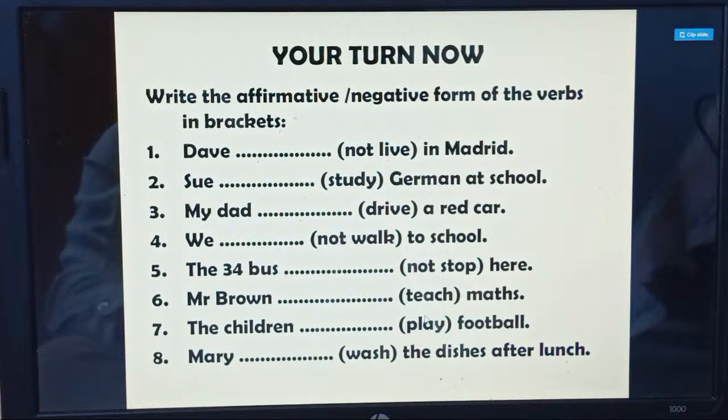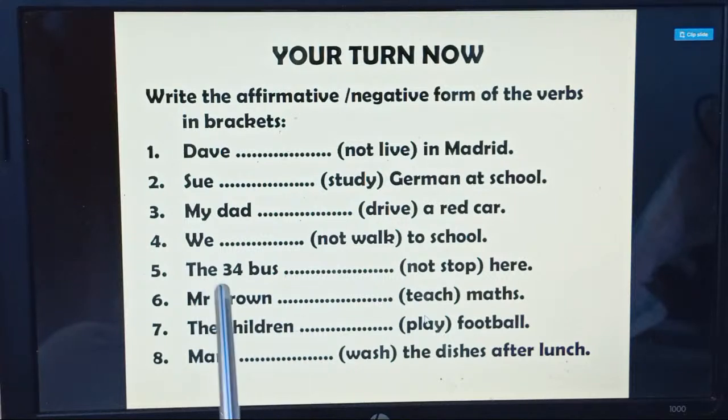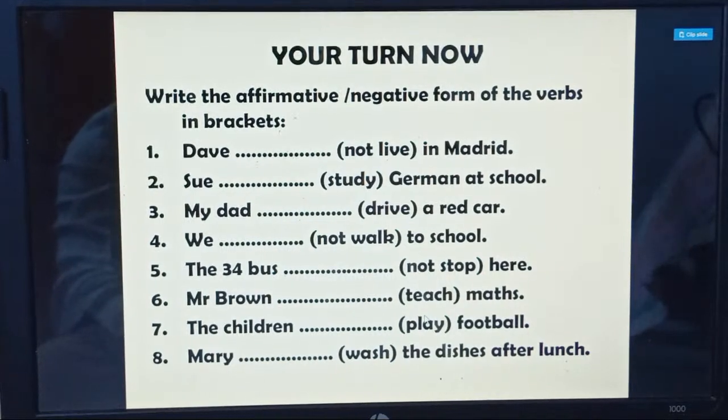Fifth one, the 34 bus not stop here. So how do you make it a negative sentence here? The 34 bus does not stop here. Does not, because bus is singular. Mr. Brown, so how do you make it a sentence here? Mr. Brown teaches maths. Next one, the children football.